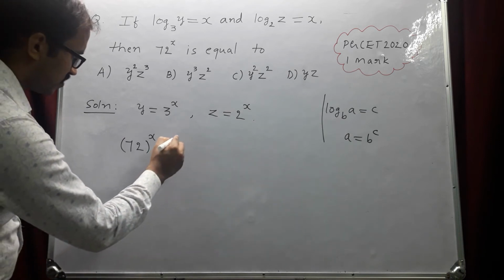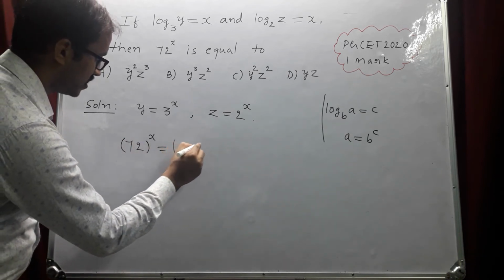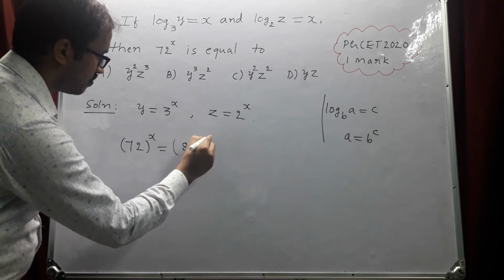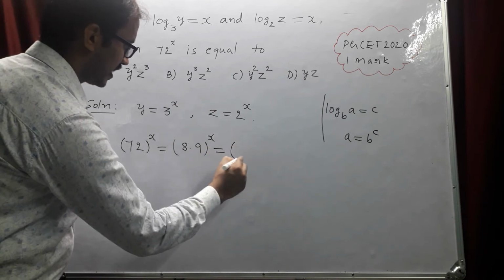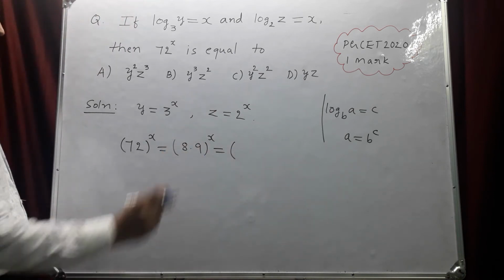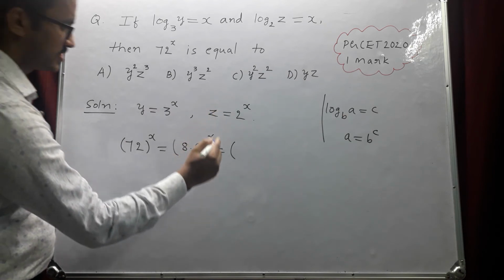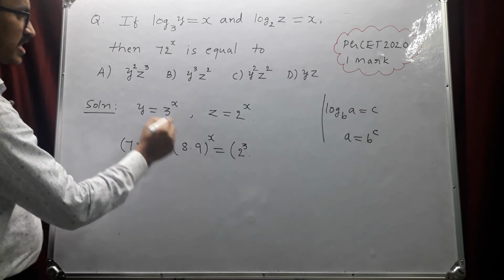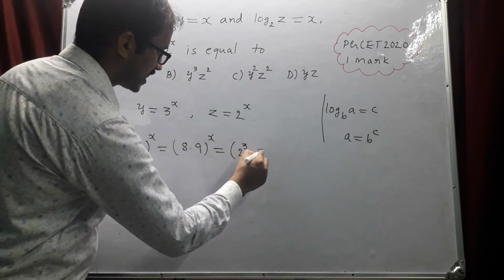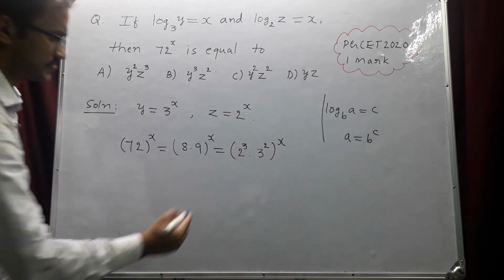So we know that 72 can be written as 8 into 9 whole power x. Again we are converting in powers of 2 and 3. So 8 I can write as 2 cube, and 9 can be written as 3 square, power x.